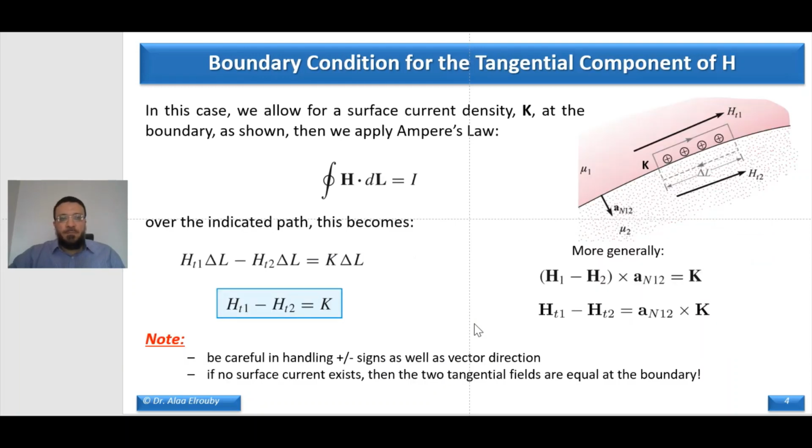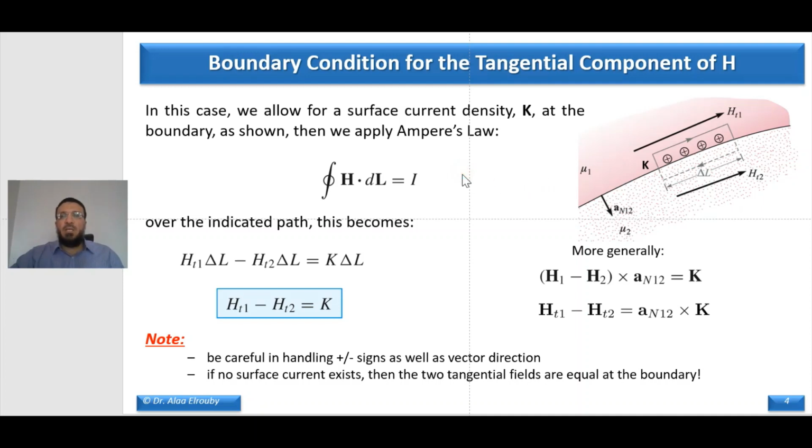The second component of the field is the tangential component, which is a component that is directed in parallel to the interface. In order to conclude the relationship between the tangential component of field in medium 1 and the tangential component in medium 2, we are applying Ampere's law.